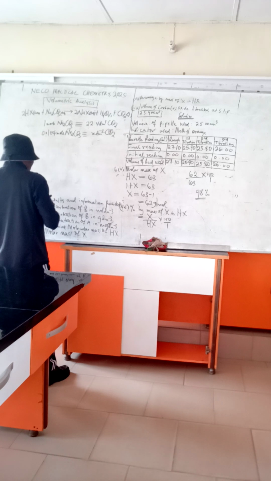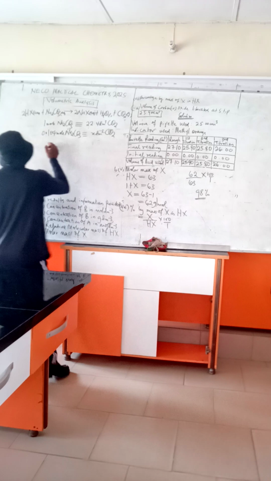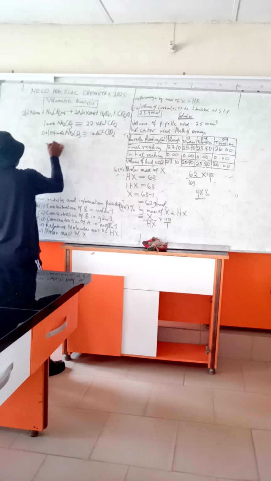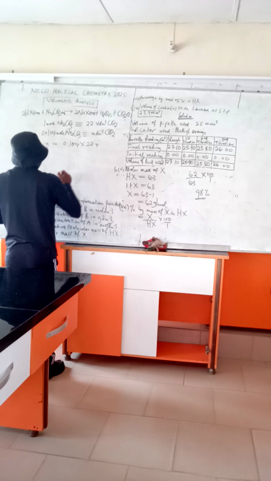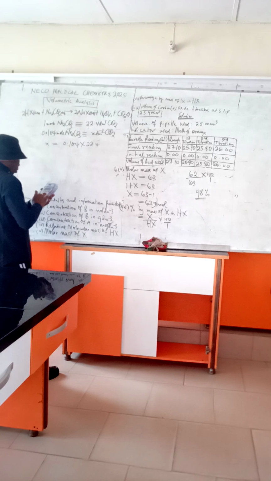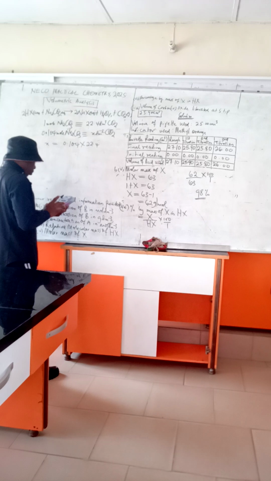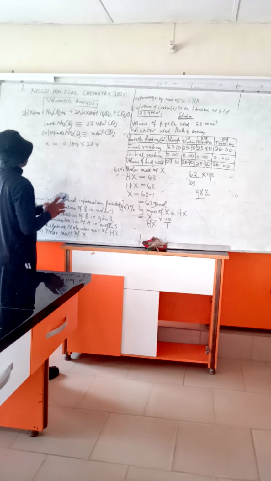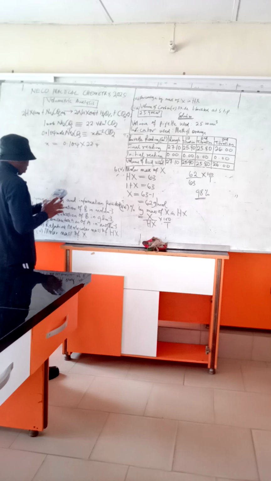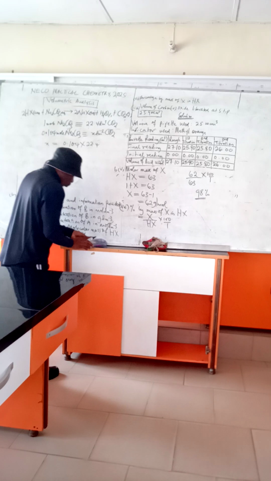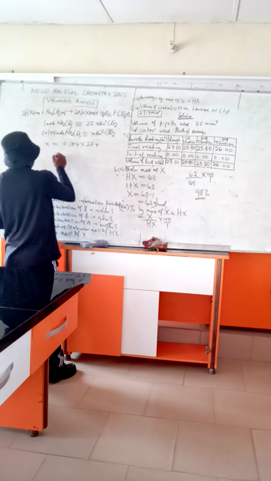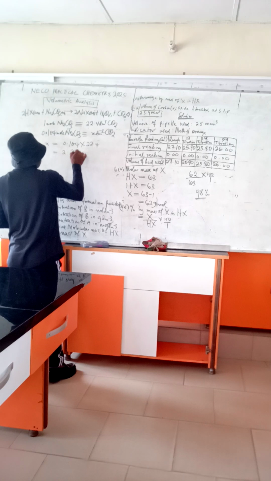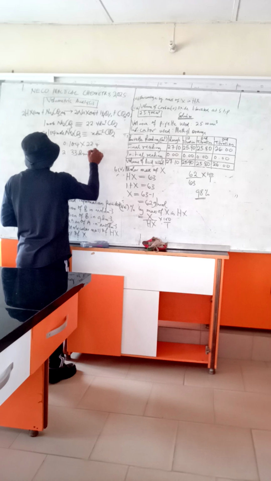If you engage your calculator very well, you cross multiply. This will give us that X times 1 will give us X, and X is equals to 0.104 multiplied by 22.4, equals to 2.33 dm cubed CO2.